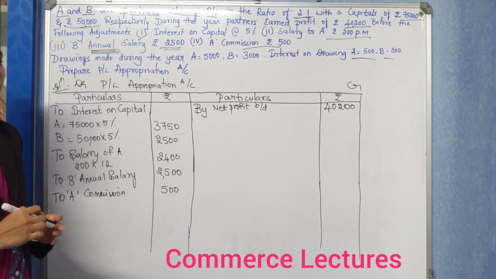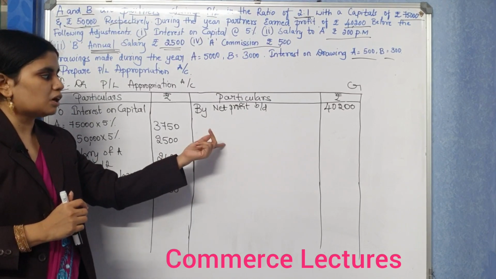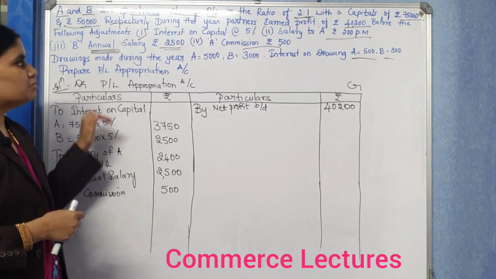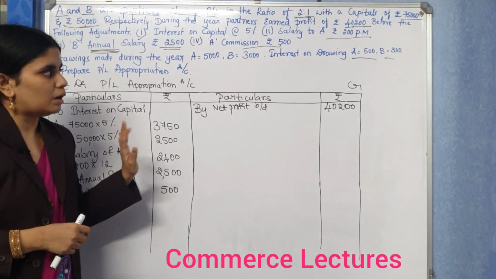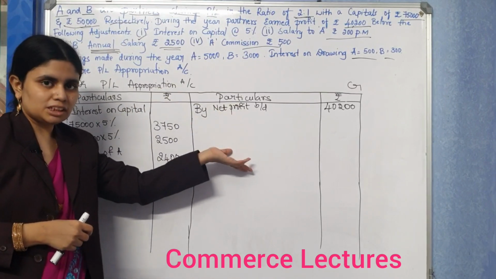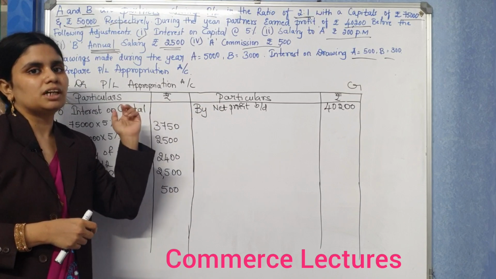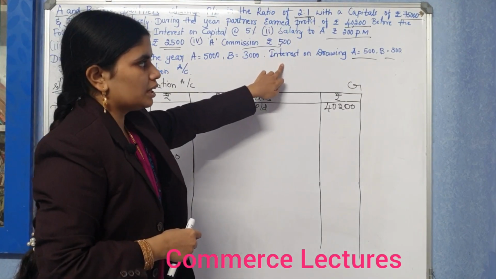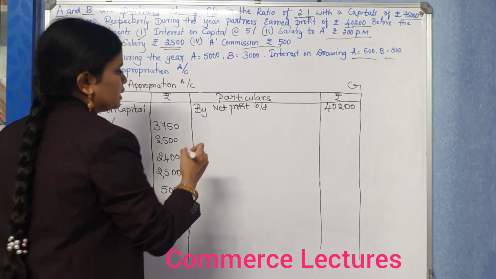Okay. Next, drawings made during the year, A 5000, B 3000. Concentrate here. Drawings made during the year is given. We need what? Interest on drawing. So we need to ignore this even though they have given it in the problem. If they have taken interest on drawing, take that. If they have not given it, you can ignore that. Interest on drawing is how much? A 500, B 300.